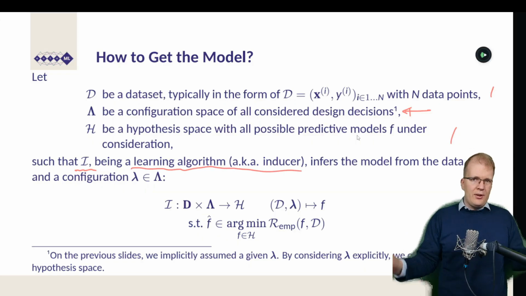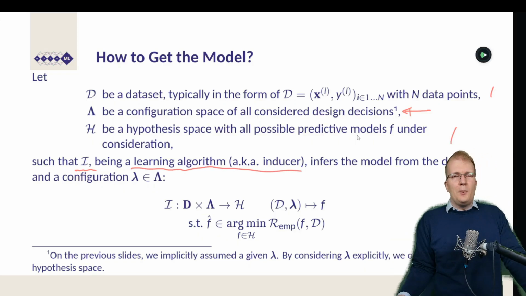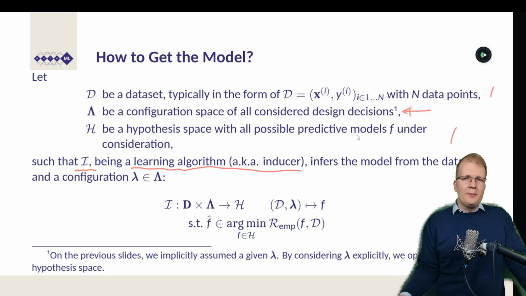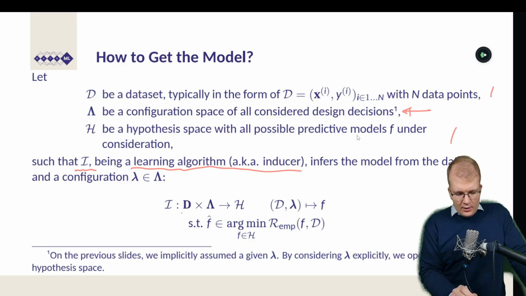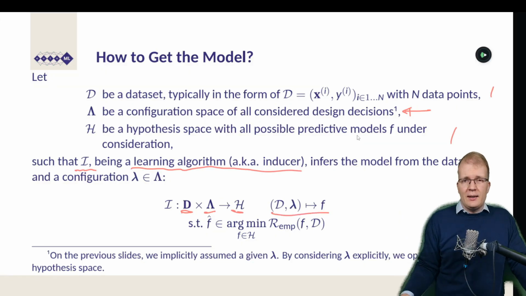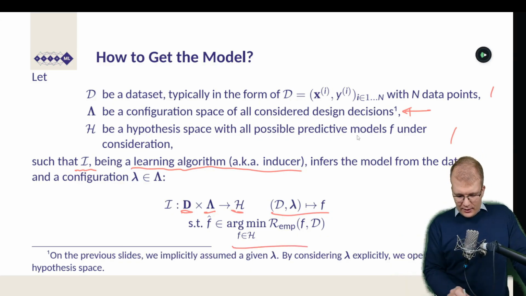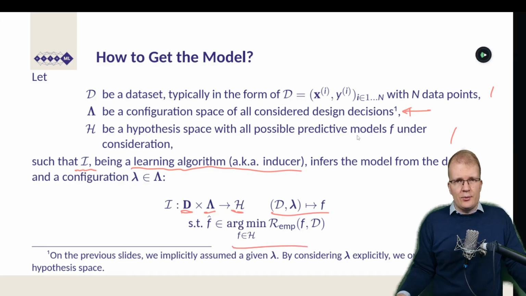You can say both, but most of the time I will now use inducer as the wording. And the inducer is the algorithm which maps the data set, and given a hyperparameter configuration, to the hypothesis space, or if you have concrete elements to it. So one very concrete data set with a very concrete fixed hyperparameter setting is mapped to one model. And of course, we still would like to minimize by doing that the empirical risk.